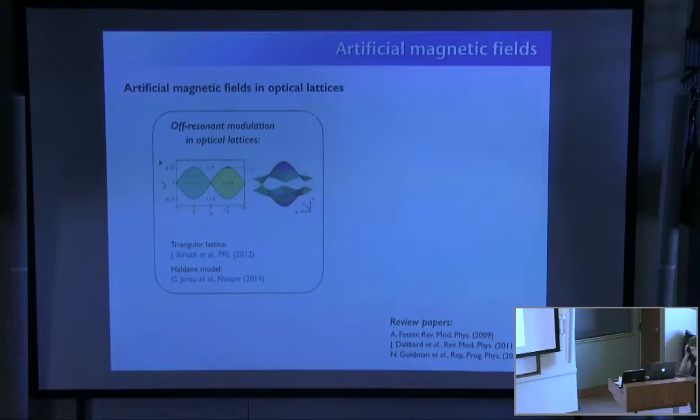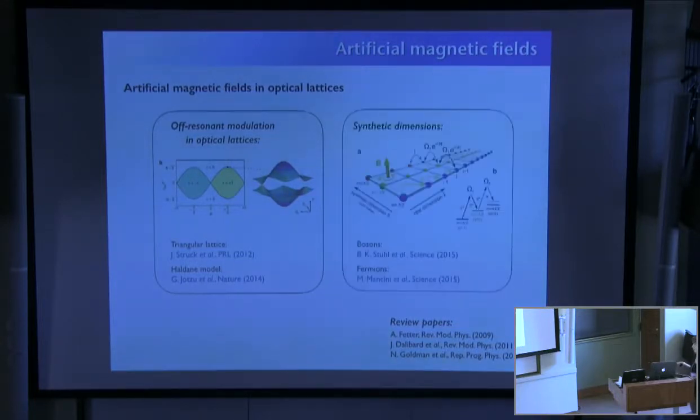There have been several techniques on how you can engineer artificial magnetic fields in optical lattices by off-resonant modulation, where we will hear in the talk by Tilman Esslinger how you can realize the Haldane model in honeycomb lattices with ultracold atoms. And even more recently, there have been ideas implemented where one of the two axes in an optical lattice is replaced by a synthetic dimension.